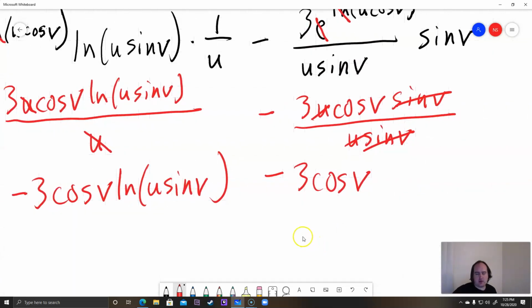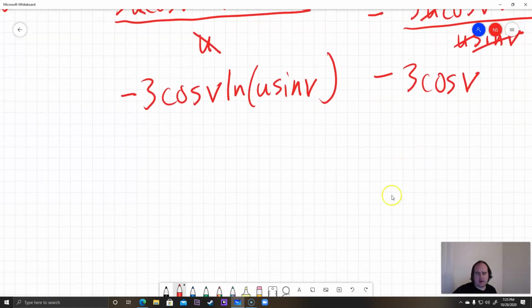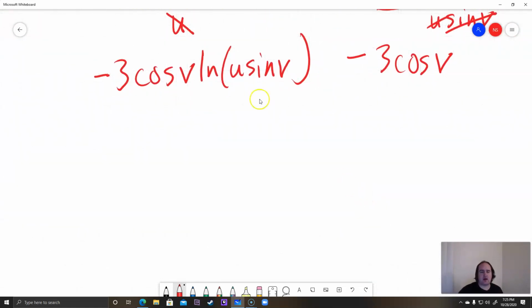So after doing all that work, we can still simplify it a little bit more. Notice we have a common factor of negative 3 cosine of v for both of these terms, so we can actually factor that out.